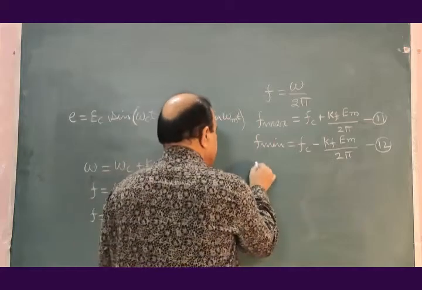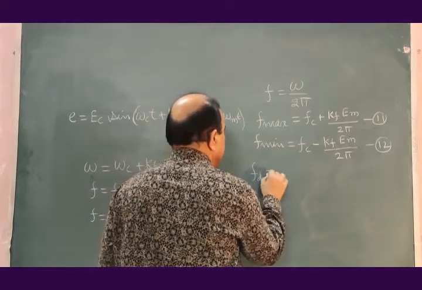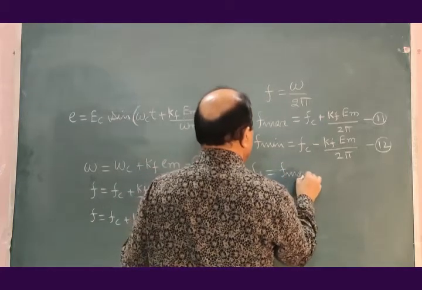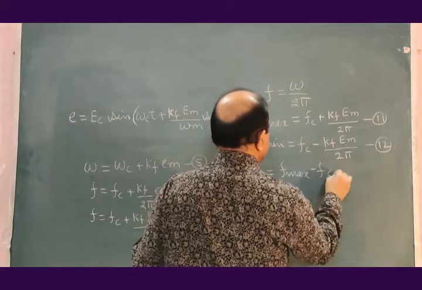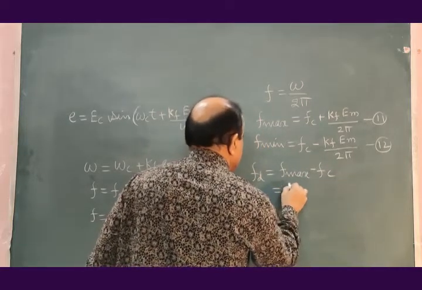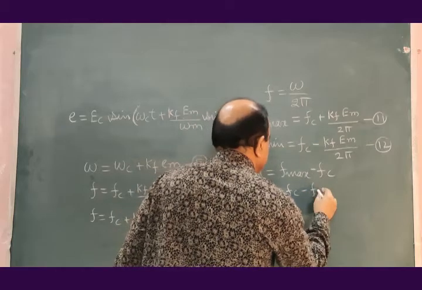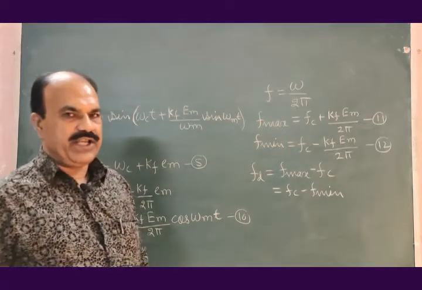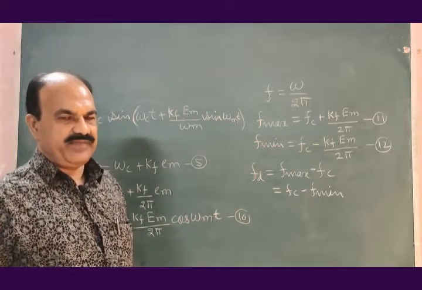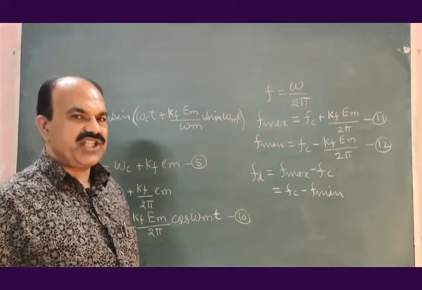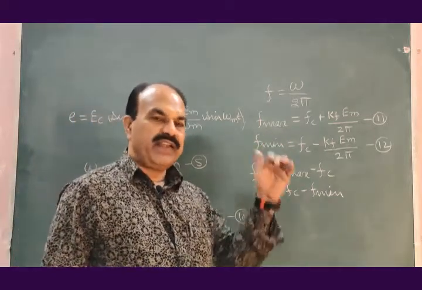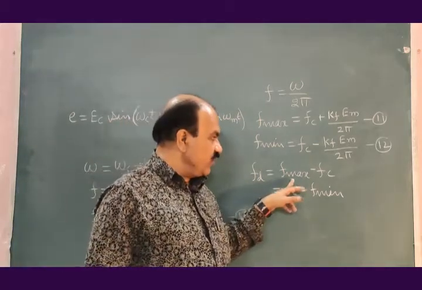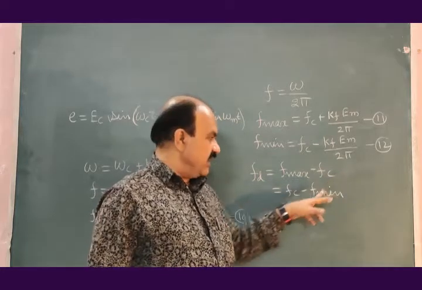The frequency deviation is written as Fd, and this Fd is given by F max minus Fc. This is also given by Fc minus F minimum. Fd, frequency deviation.